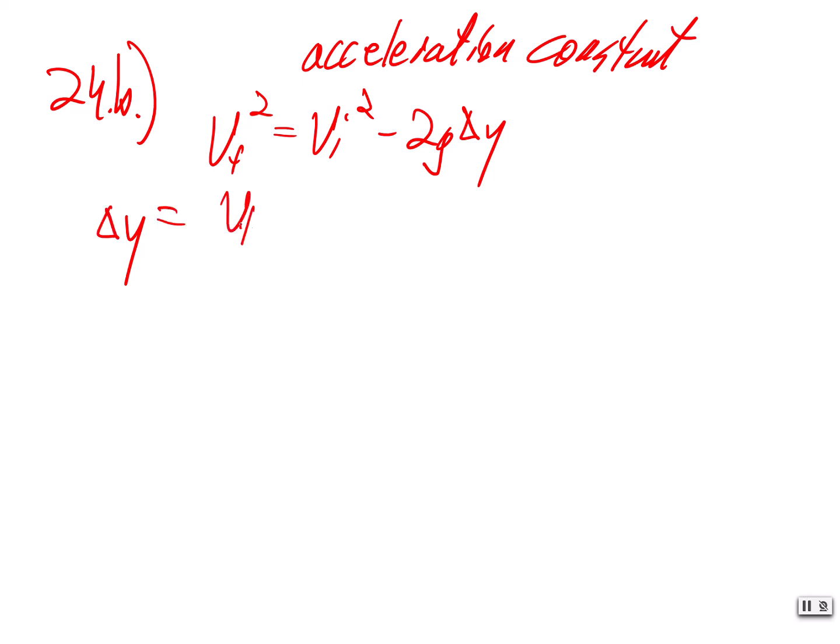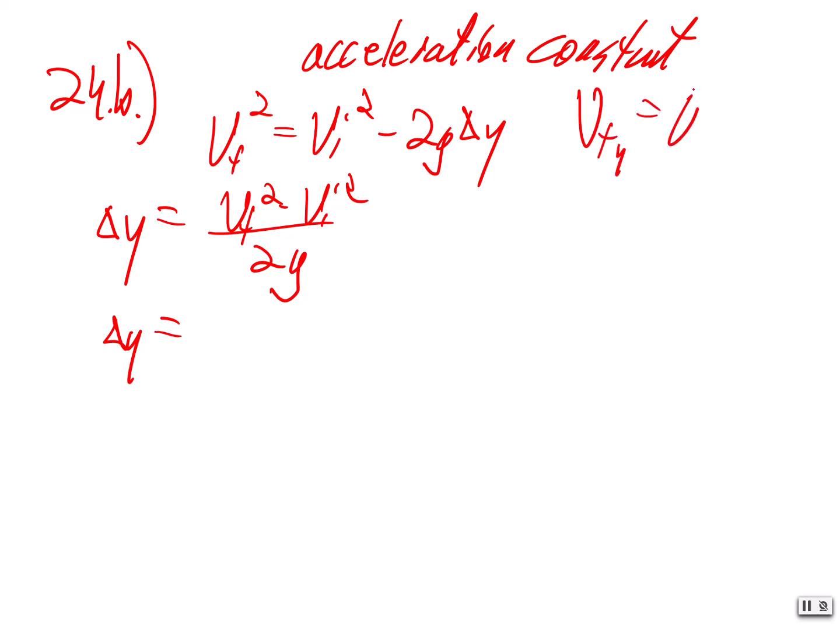V final squared minus V initial squared over 2g. And so y then becomes V final squared, which was 0 meters per second. What is the final velocity in the y direction? It's 0 meters per second. I forgot to write that down. Sorry about that.